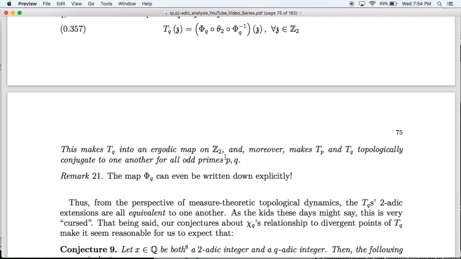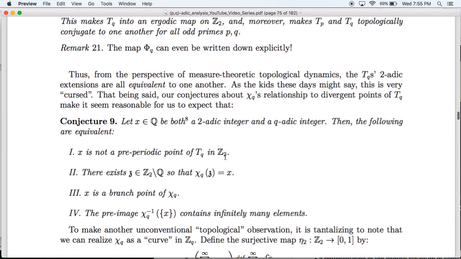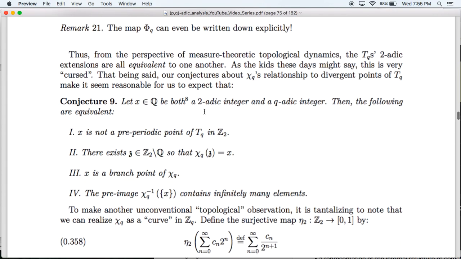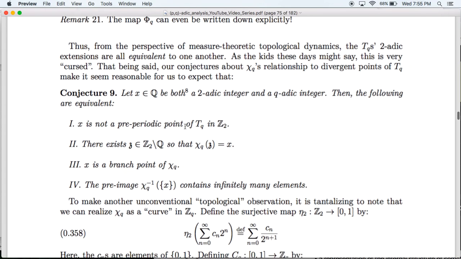That being said, our conjectures about chi q's relationships to divergent points of tq make it seem reasonable for us to expect the following. Let x be both a two-adic integer and a q-adic integer, meaning that it's a rational number whose denominator is coprime to both 2 and q. Then the following are equivalent. x is not a pre-periodic point of tq in the two-adics.